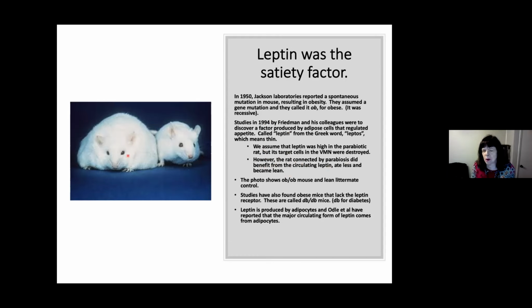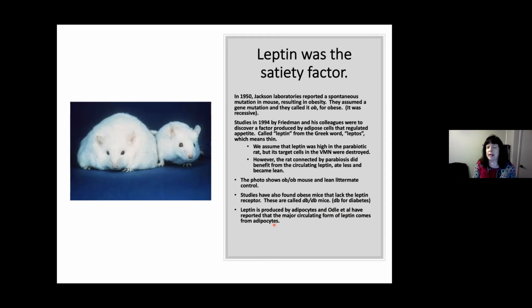And so here's the OB mouse. Now, sometime later, they found mice that lacked the leptin receptor. These are now called DB mice. So we have OB mice and DB mice. The other thing to know is that leptin, as I said, is produced by adipocytes. But what you may not know is that Angela Odell knocked out leptin in several cell types.